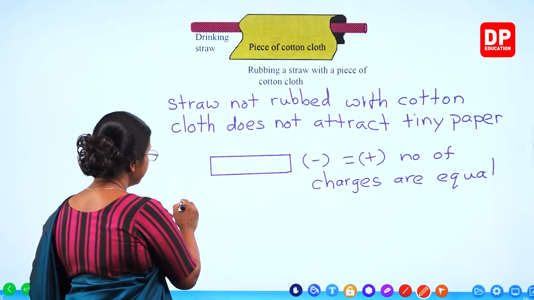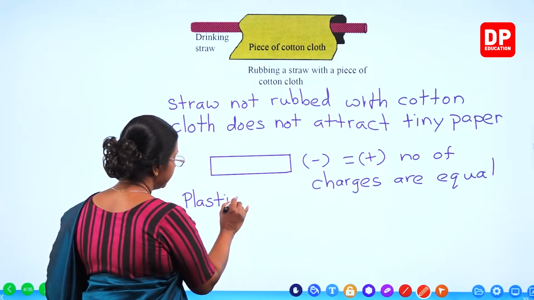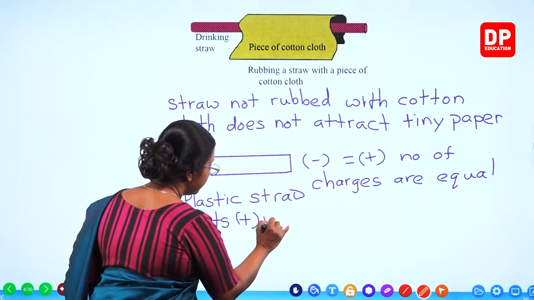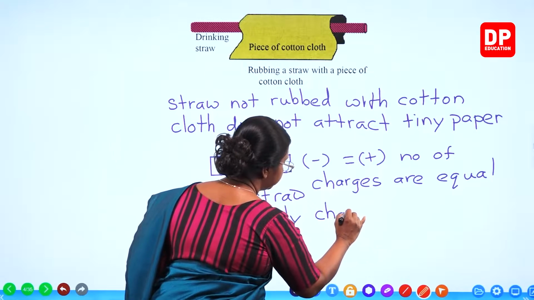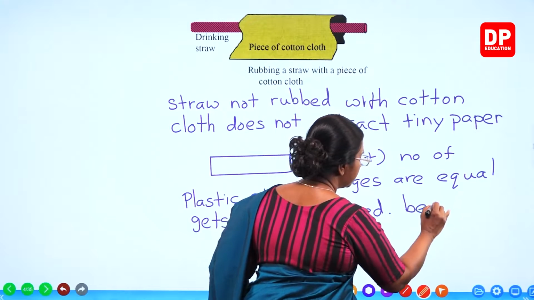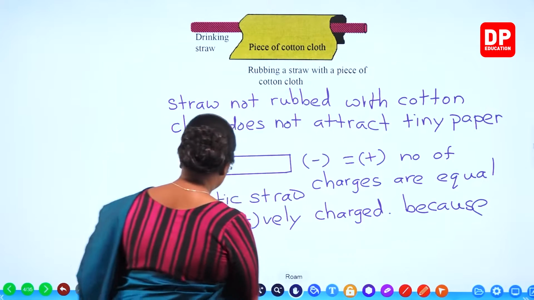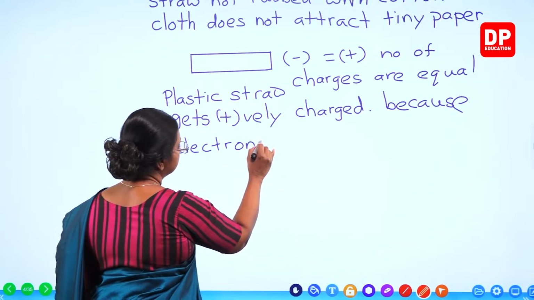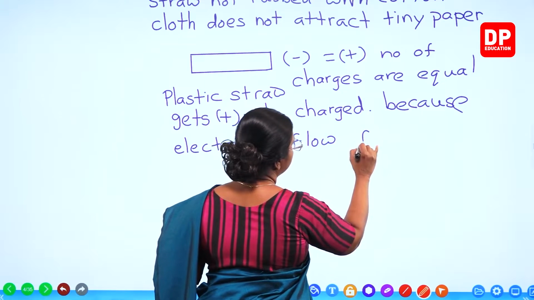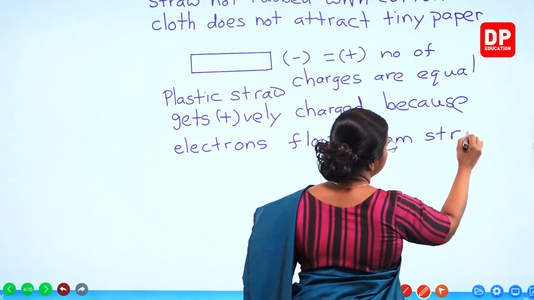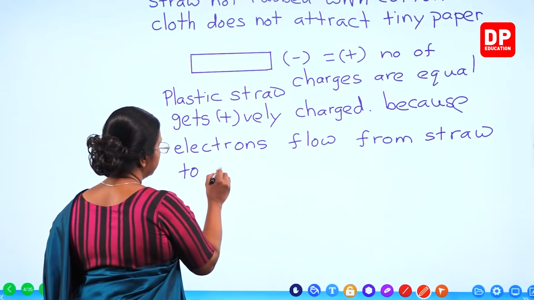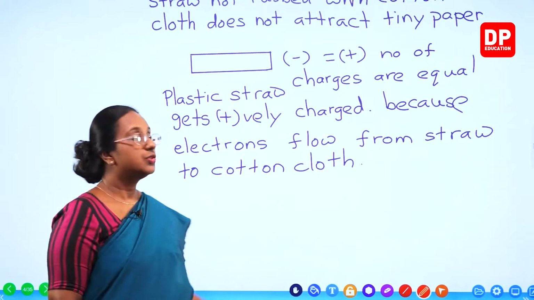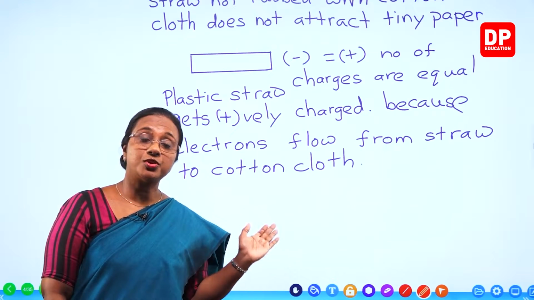Now here, of course, the plastic straw gets positively charged because electrons flow from the straw to the cotton cloth. So when you rub it, the electrons flow from the straw to the cotton cloth.